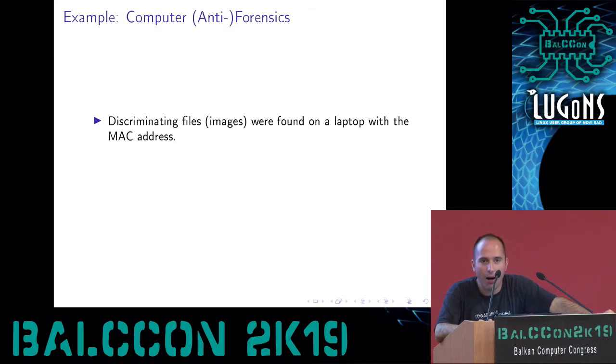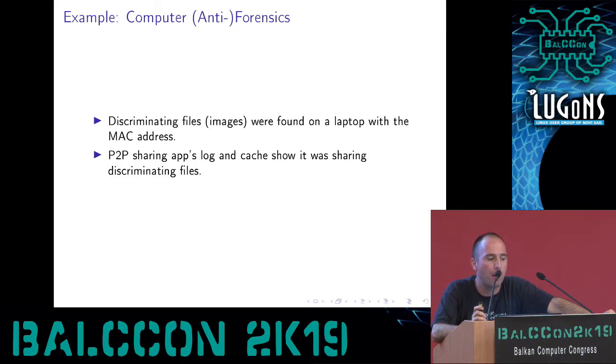We can encrypt data, we can safely erase data, we can hide it using steganography, but that is not very realistic because you usually cannot hide a lot of data using steganography, etc. I mentioned that someone found out that files are shared using a peer-to-peer network, so we can try to find artifacts such as log files and cache files of the peer-to-peer app, and we can use that to prove that they were shared from a specific device.